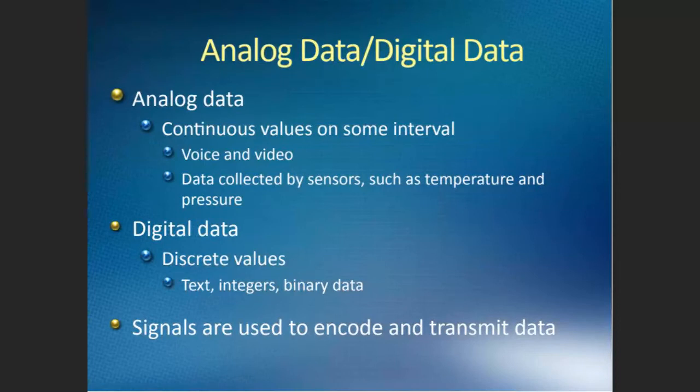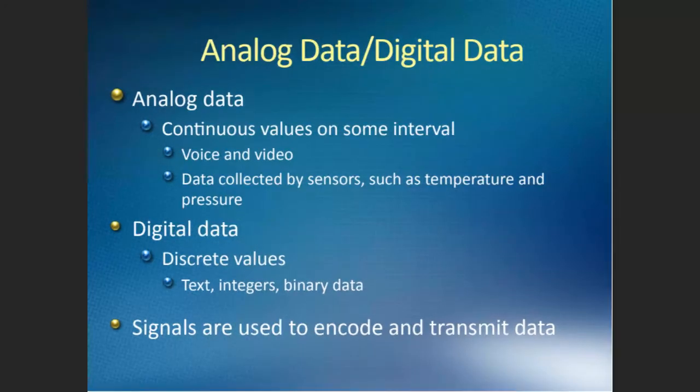So we have analog data. It's continuous values over some intervals. Examples are voice and video. Human voice is analog. If you know someone who talks digital, let me know, please. Maybe robots? But it's not a human.